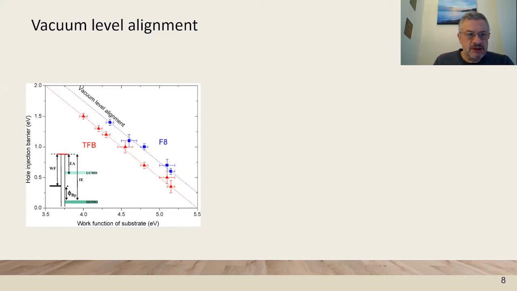So here we show some data for the hole injection barrier with respect to the work function of the substrate. In this case, we originally have to contact the valence band with some material of work function, which is the contact material.